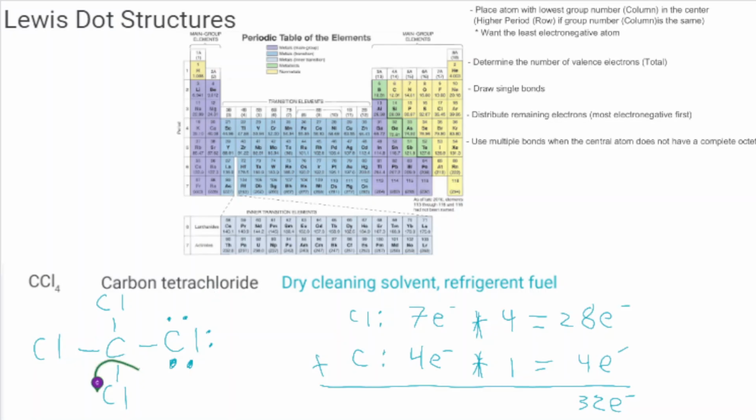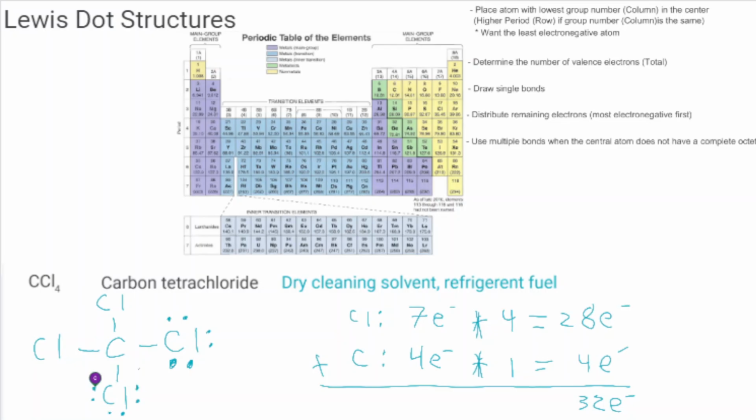And I'm going to just choose this bottom chlorine here. Alright, so I'm going to continue counting from where I had my electrons previously. So 7, 8, 9, 10, 11, 12.